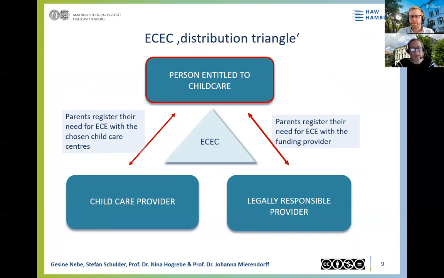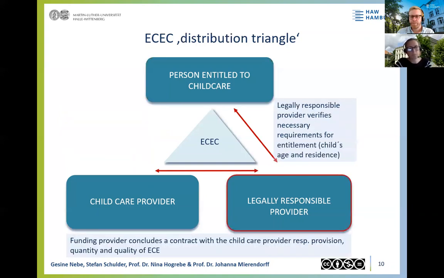Also, at the same time, and actually first and foremost, they need to register their demand with the responsible authority. Parents document their need for ECEC usually with the Youth Welfare Office or municipality according to its modes and bureaucratic procedures.